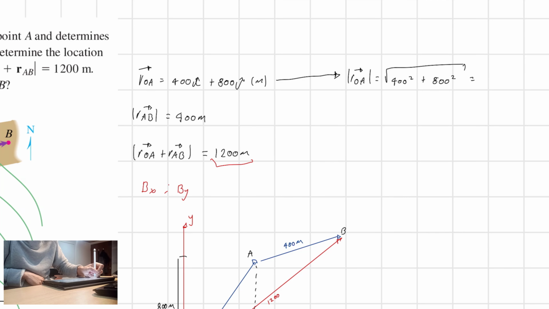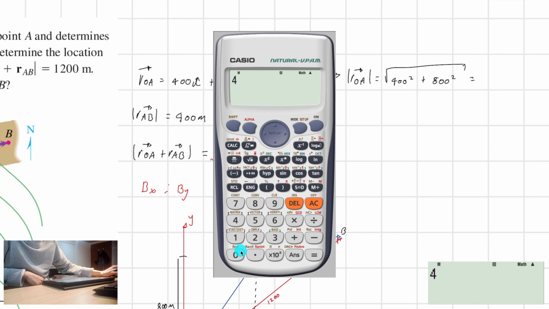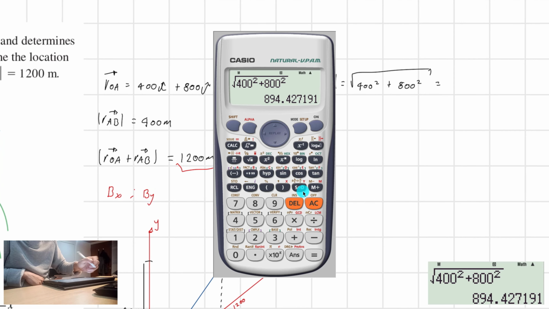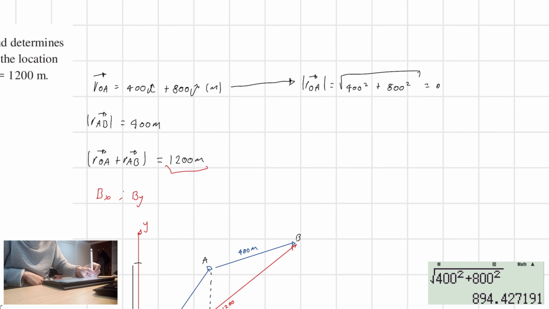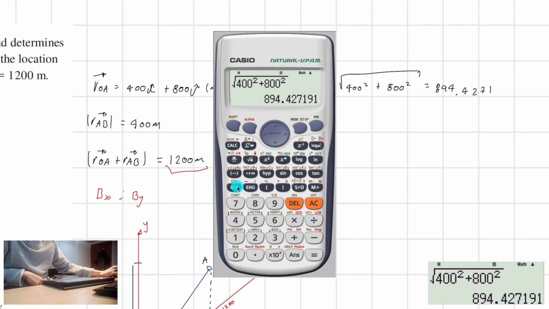Now, this is equal to 894.4271. And I'm going to save this within the calculator.